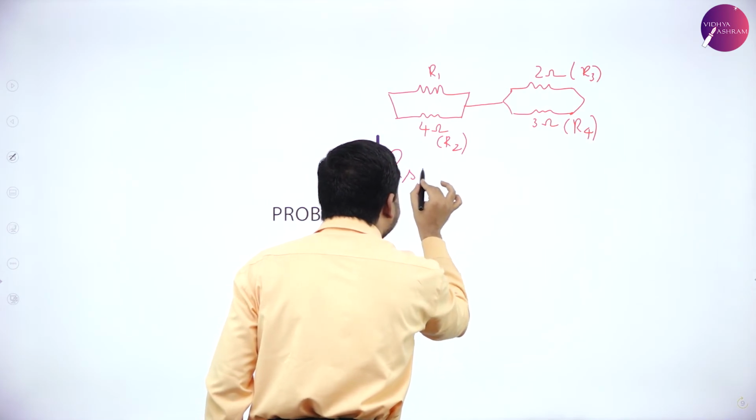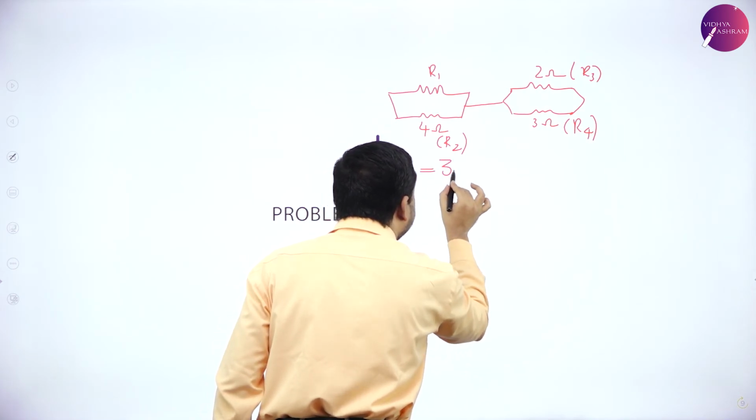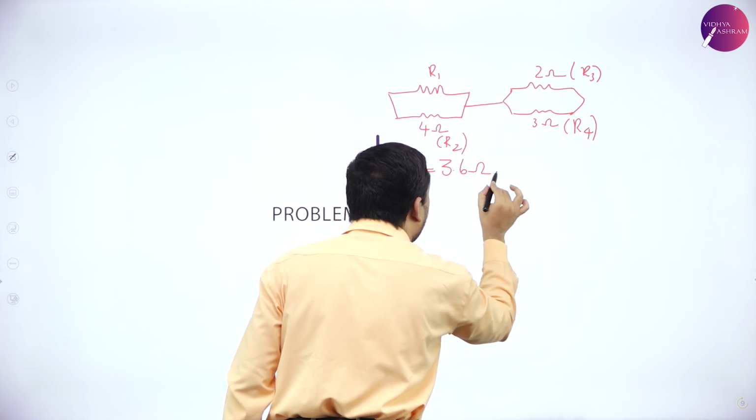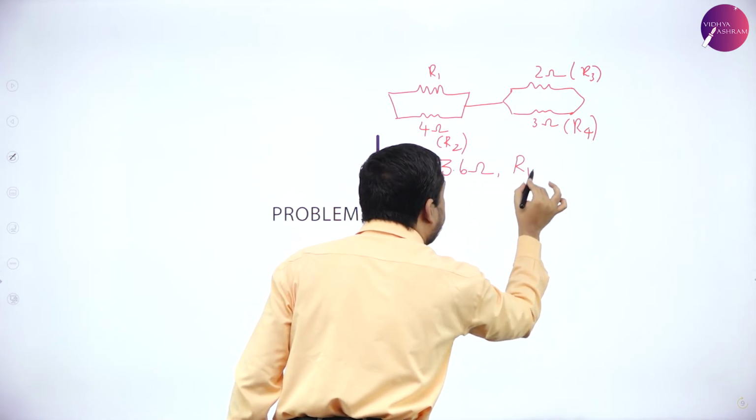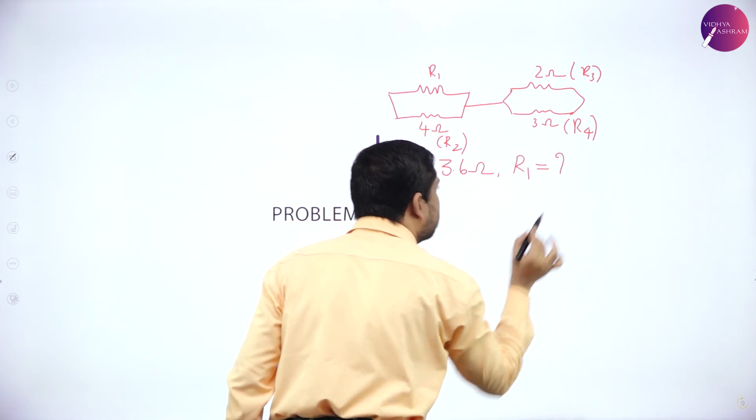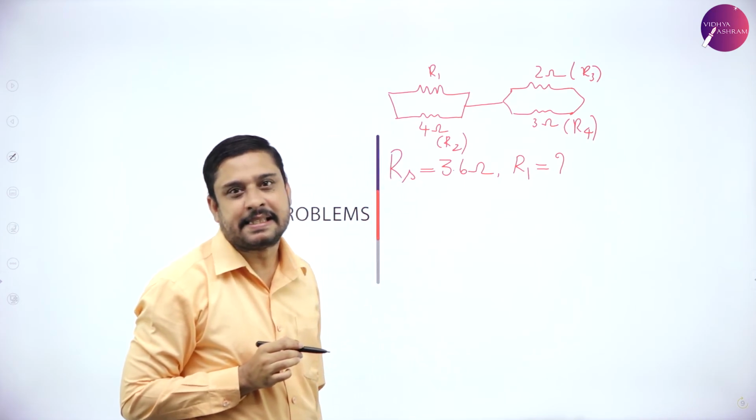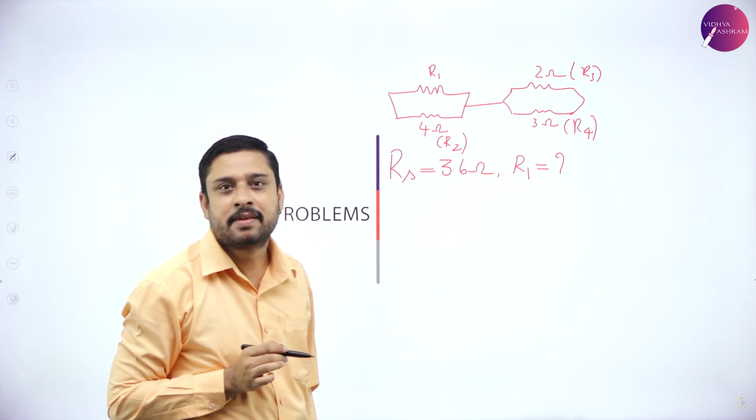RS, the series effective resistance, is 3.6 ohms. I have to calculate what the unknown resistance is.